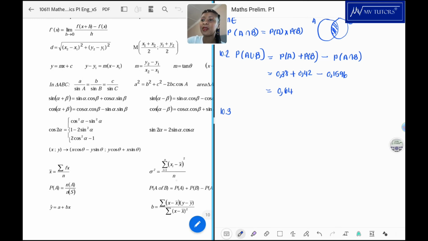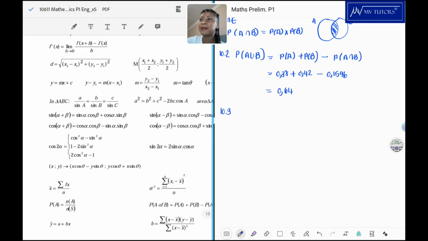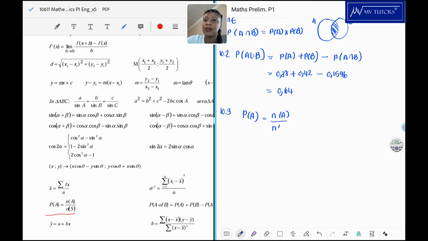If you check out this formula here, the probability of A is equal to the number of people in A over the number in the sample space. So I'm just going to rewrite this formula here. Probability of A is equal to that over that. Okay, let us go back to the question.